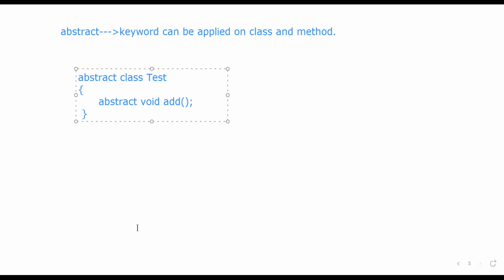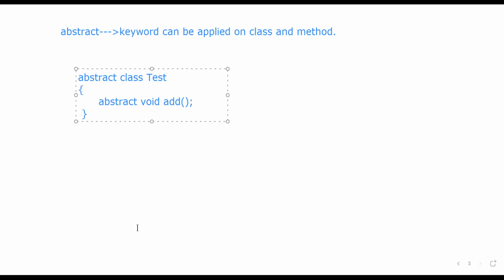Write down the next point. The need of a constructor in abstract class is for constructor chaining.